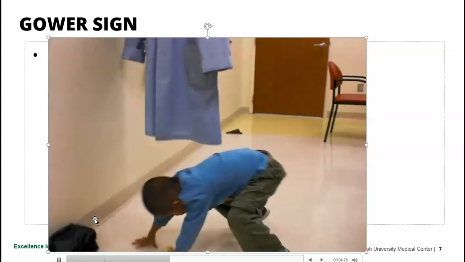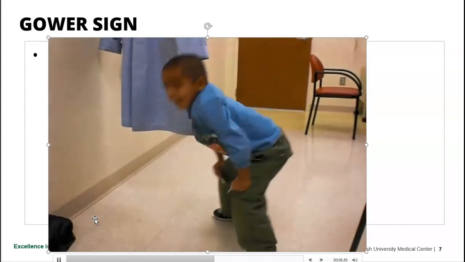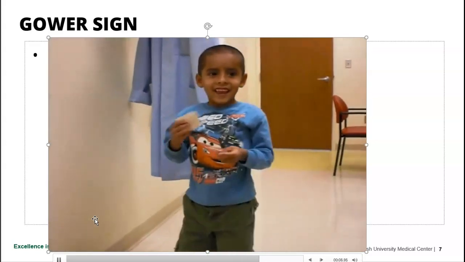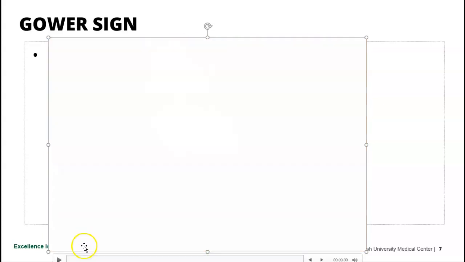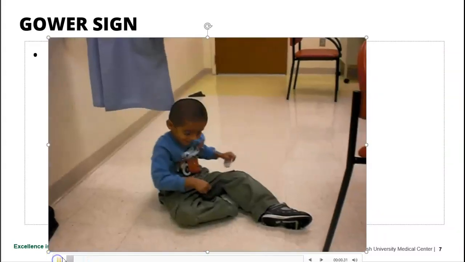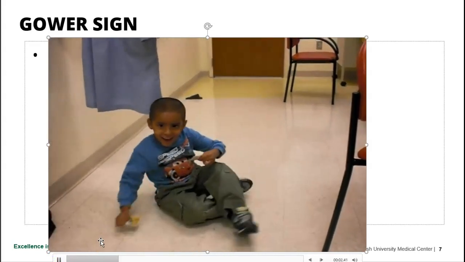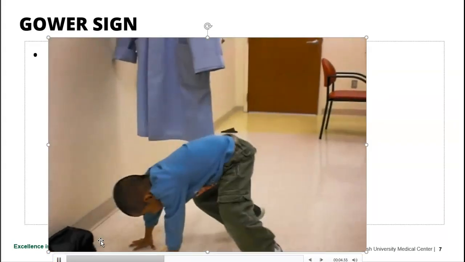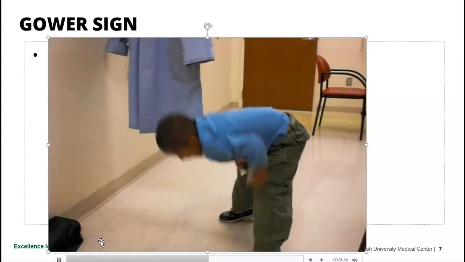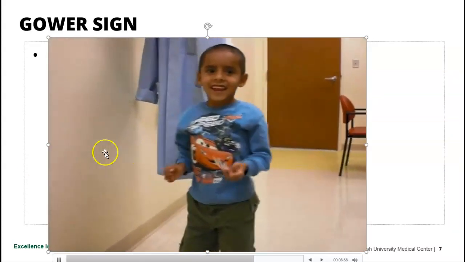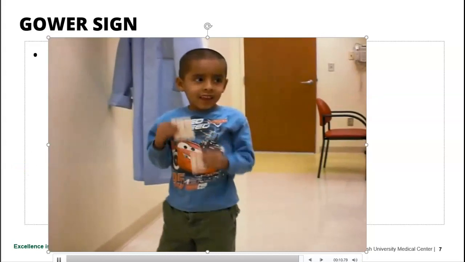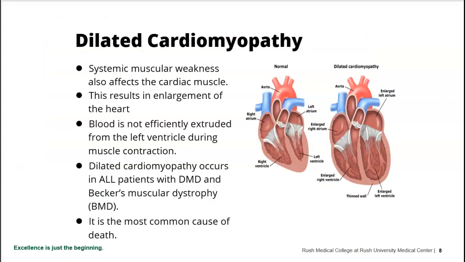He's an active kid, but see how he crawls up his legs to get to a standing position, and yet he never drops his stickers. Kids are very resourceful. He does it quickly, and as time goes on, he probably won't. But that is a Gower sign.